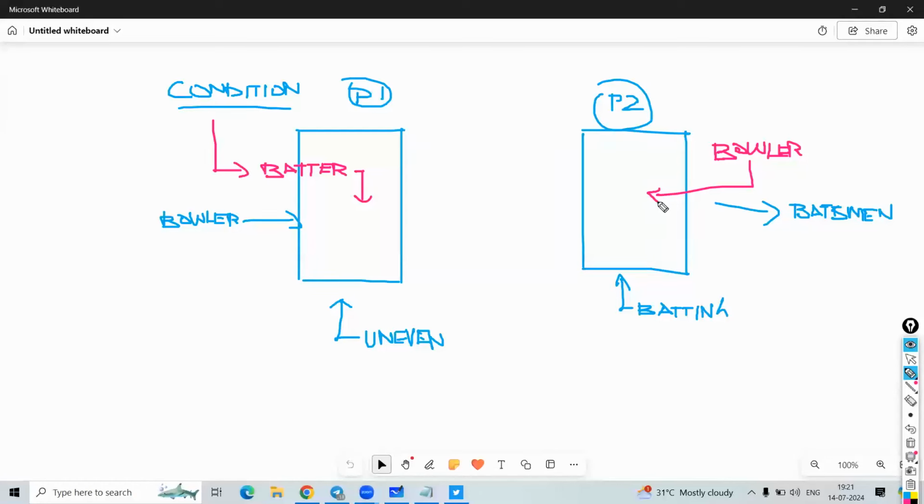Example, Bumrah, right? He can do it. How can they do it? In an uneven pitch, every batter will not fail. In a batting track, every bowler will not fail. How? One who analyzes the condition of the pitch can survive in that particular match. Am I correct?